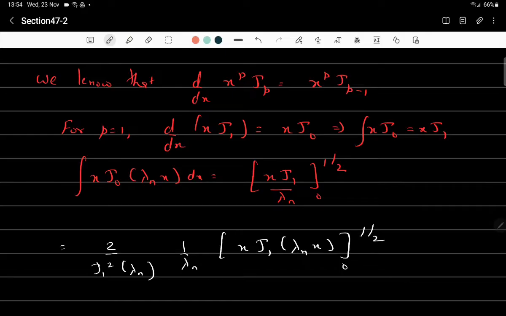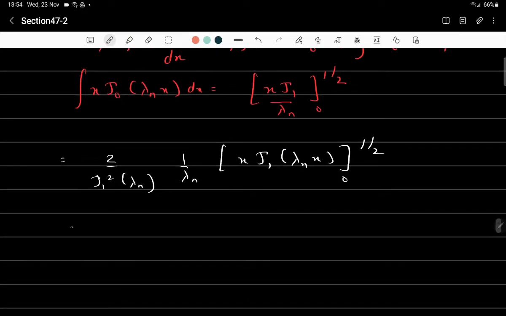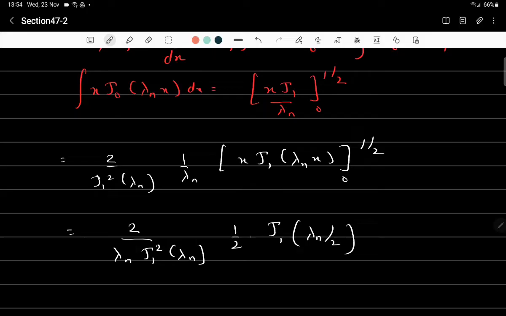from 0 to half. When you substitute 0, this will be 0. So when you substitute half, then you will get 2 by lambda n J1 square lambda n, and then 1 by 2 J1 lambda n by 2.